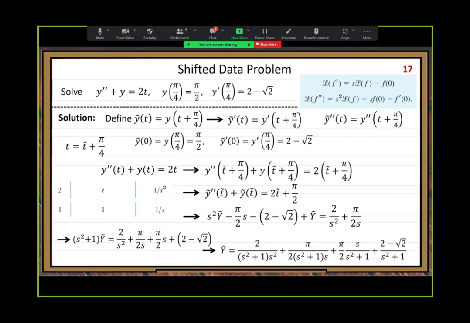We can get that expression. So on the next slide, we need to find the y tilde function by inverse Laplace transform.